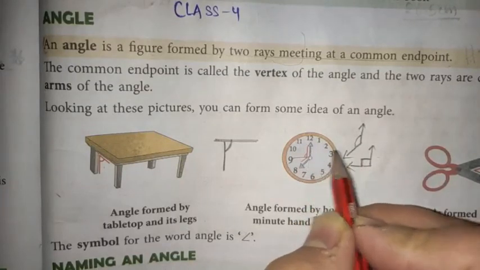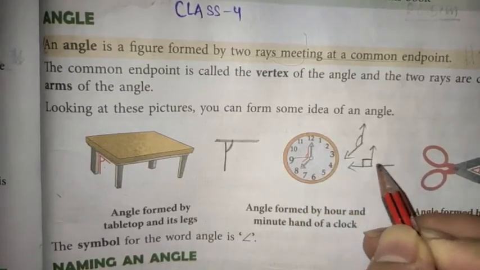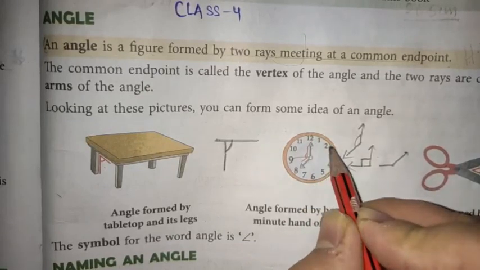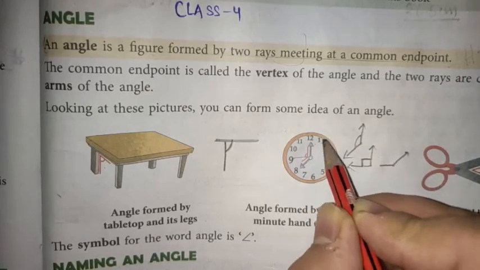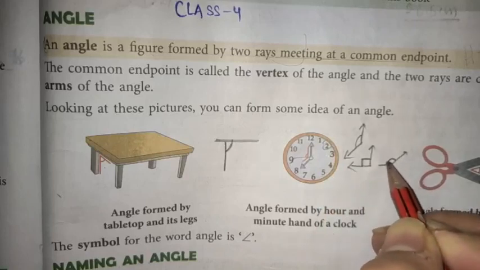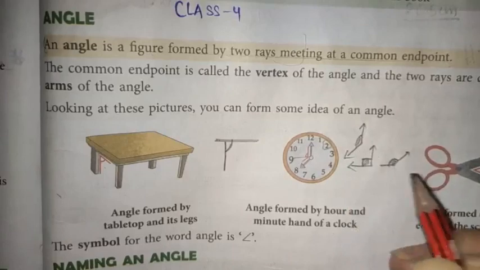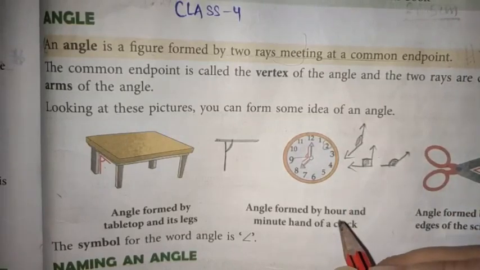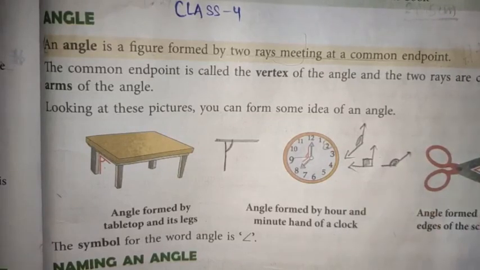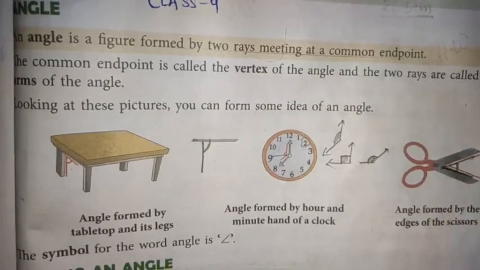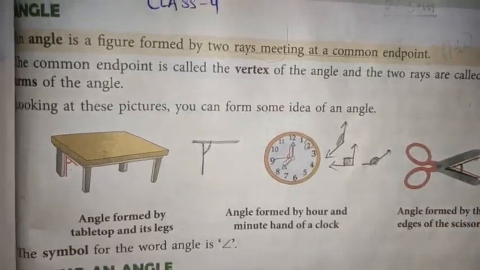If the minute hand is at the two position, we consider it an obtuse angle. In a scissor also, they form an angle. Everywhere you can see an angle.